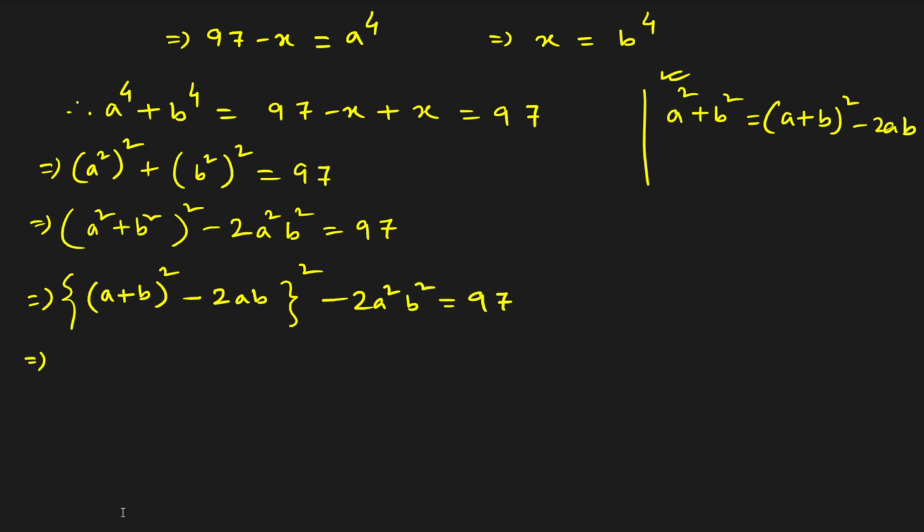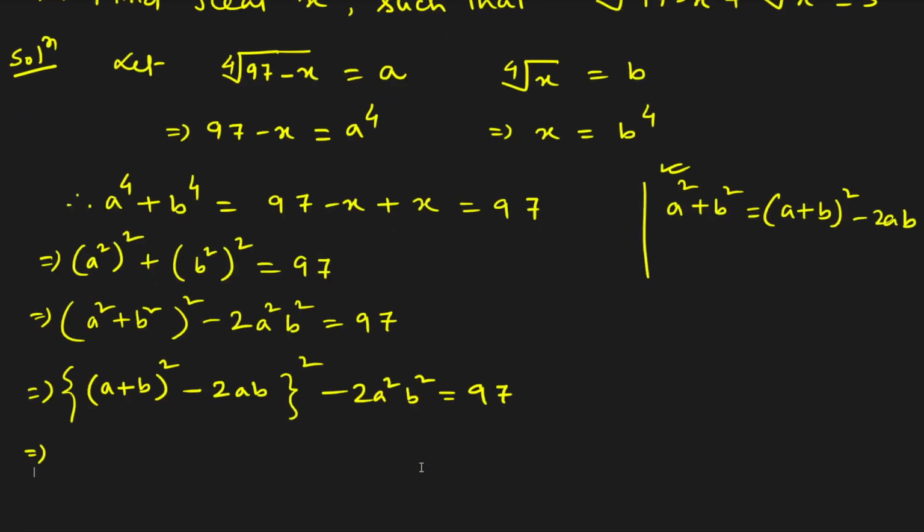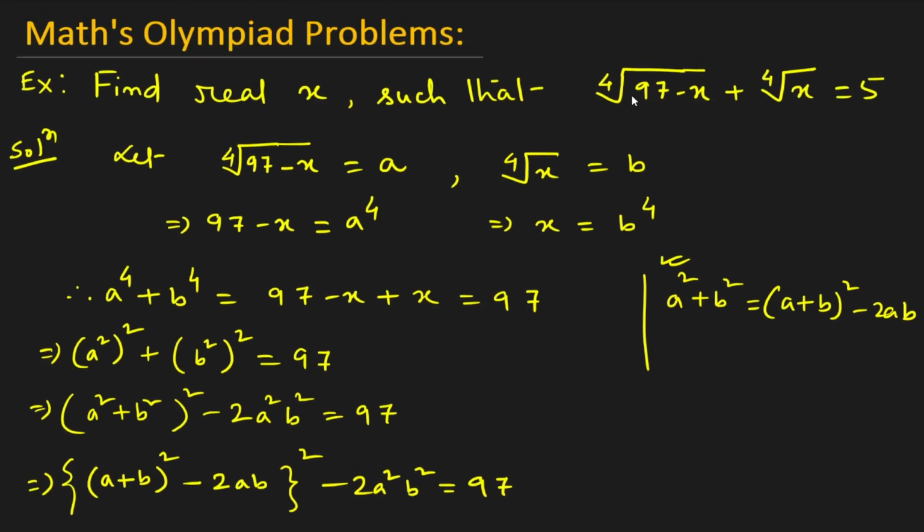We took the fourth root of 97 minus x as a, and the fourth root of x as b. So a plus b equals 5. This is one equation.